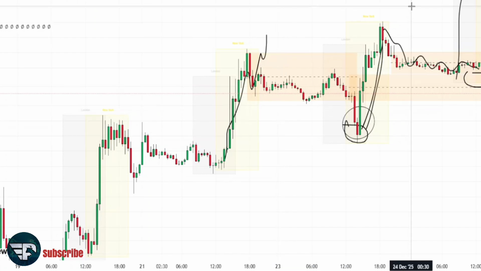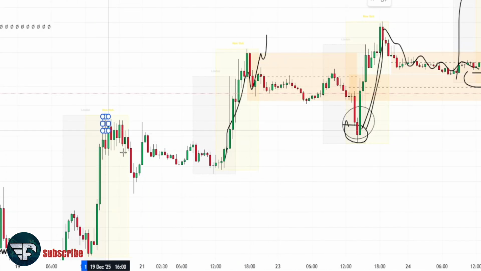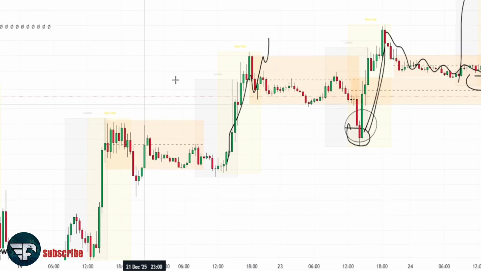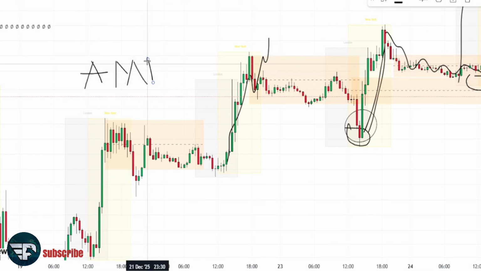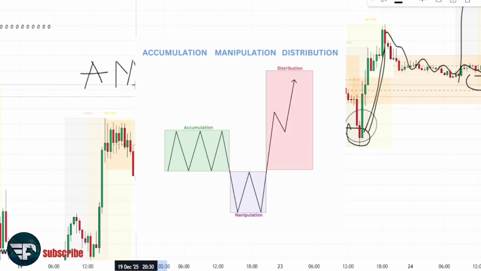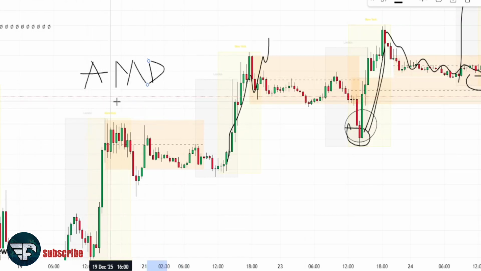So what you need to do is wake up in the morning and mark your zone. That is the Asian time. Remember, I said it follows the accumulation, manipulation, and then the distribution. I'll put a template on the screen for you guys to put in your trading journal so that every morning you follow the steps. So Asian time, we have this accumulation here. This is the accumulation.